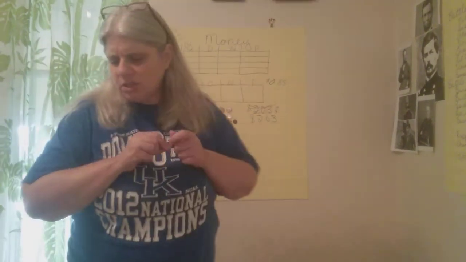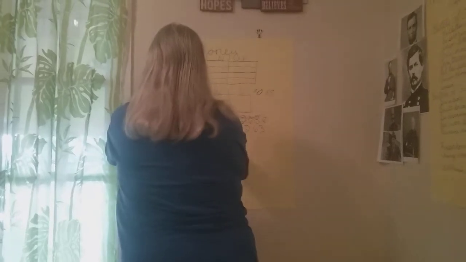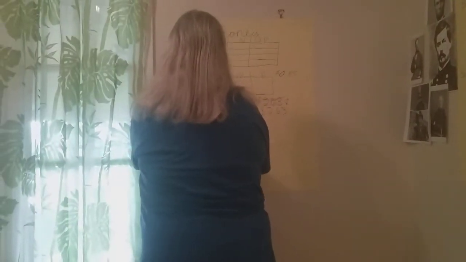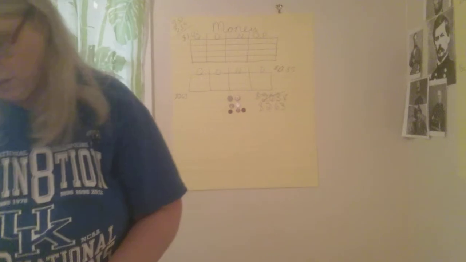All right, so let's go to number 2. So we're going to remove our dollar bills. No more dollar bills. Goodbye, George Washington. We'll see you in a little while. Okay. And what we need is 2 quarters, so our quarters stay.